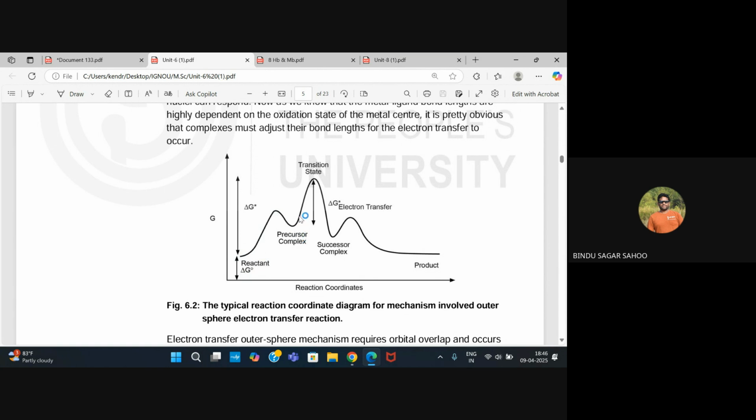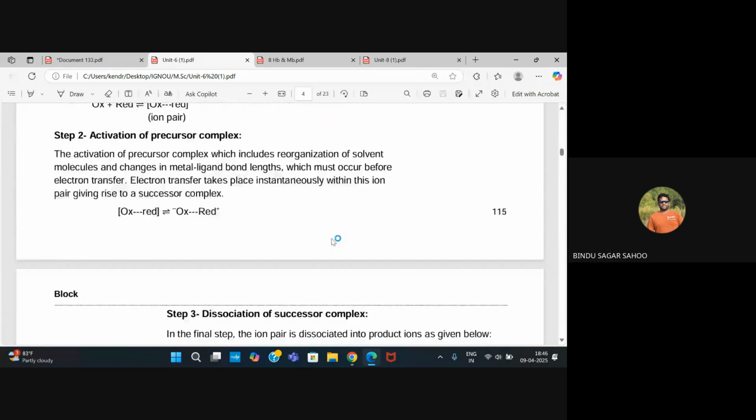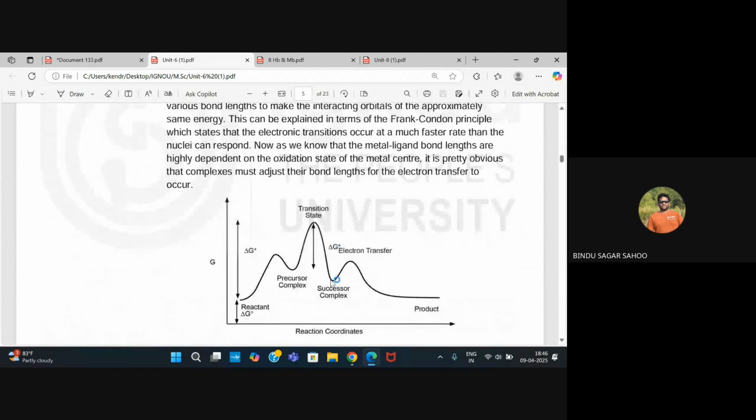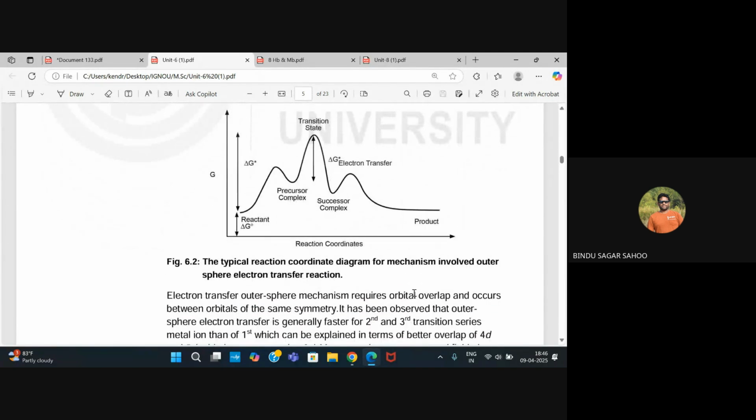Again, the precursor complex will pass through a transition state to form a successor complex, which means the ion pair complex. It will then pass through a transition state to form the product. So this is typically the reaction coordinate diagram of the outer sphere mechanism.